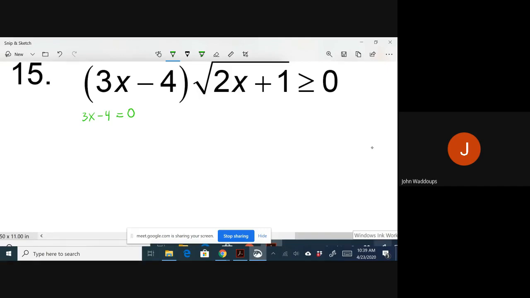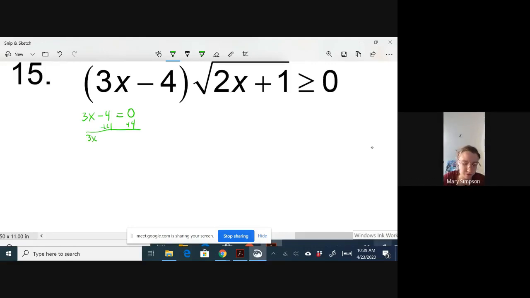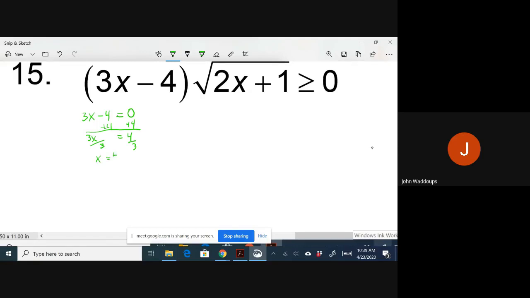So I'm going to add 4 to both sides. 3x equals 4. Then divide by 3. x then equals 4/3.